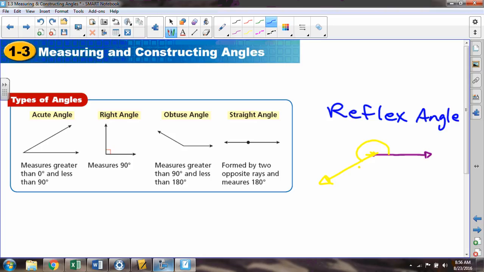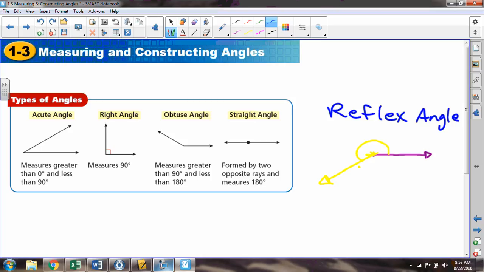And I don't expect you to have this particular piece memorized. I'm putting it up here mostly because we don't really use reflex angles much, or almost at all, in geometry. Geometry is the study of shapes, and when we work with shapes, we're generally concerned with convex shapes.